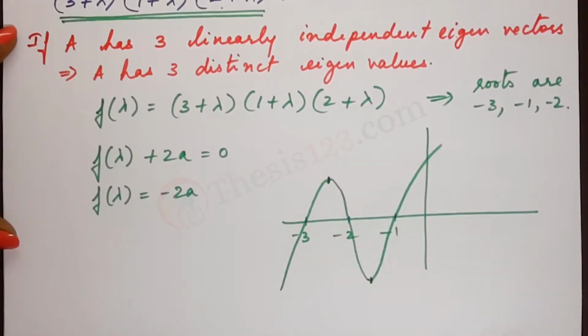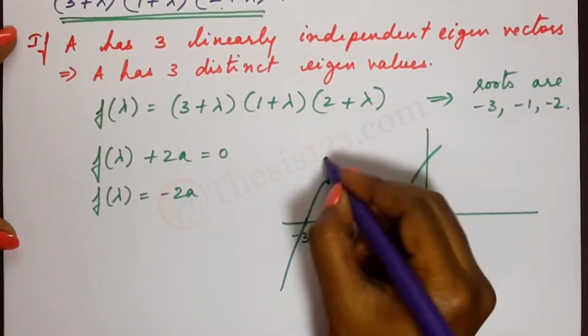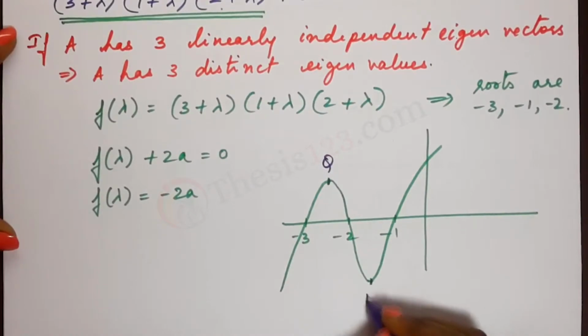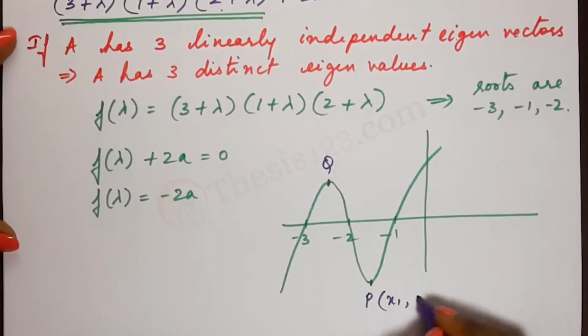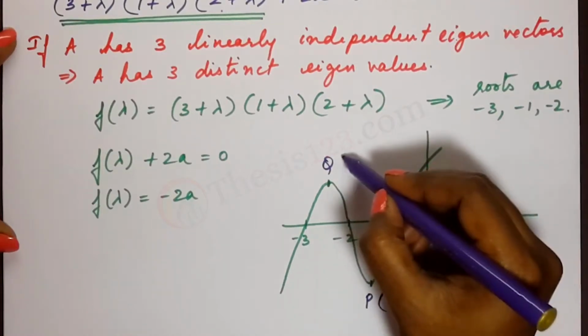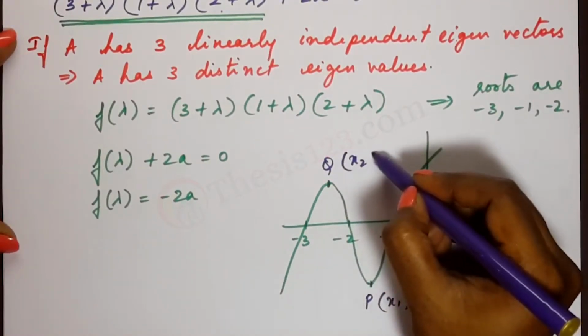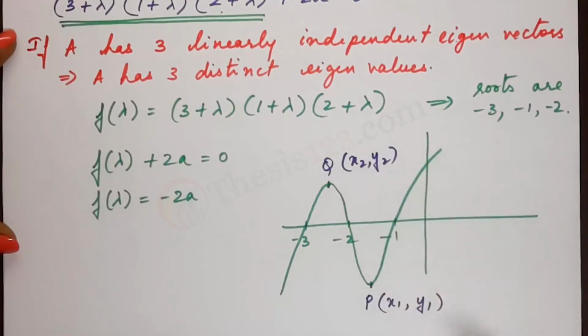Let's call the minimum point P with coordinates x1, y1 and the maximum point Q with coordinates x2, y2.